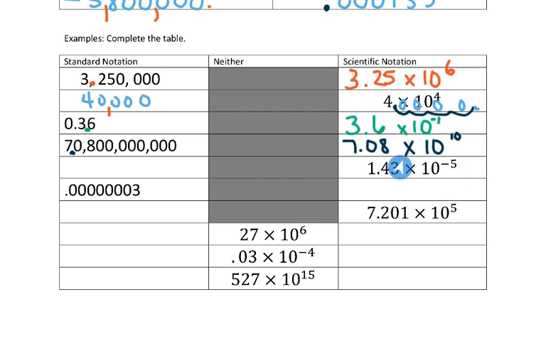And to make this number smaller, I have to move the decimal point to the left. So take this decimal, move it left 5 times. So over here in my answer column, I'm going to start with a decimal point. I have 1, 2, 3 zeros, 1, 4, 3 to finish off the problem.